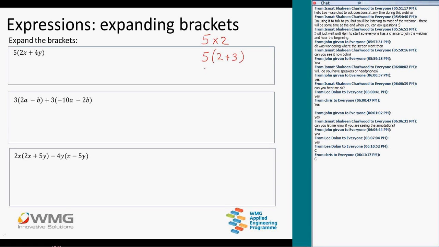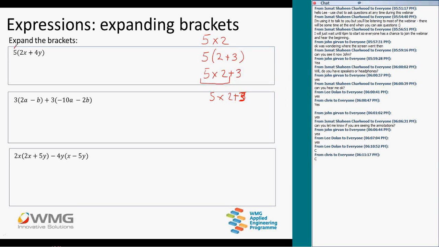So going back to here, I've got inside the bracket at least 2 terms, which is why the bracket exists. I have a term outside that has to multiply with every term inside the bracket.